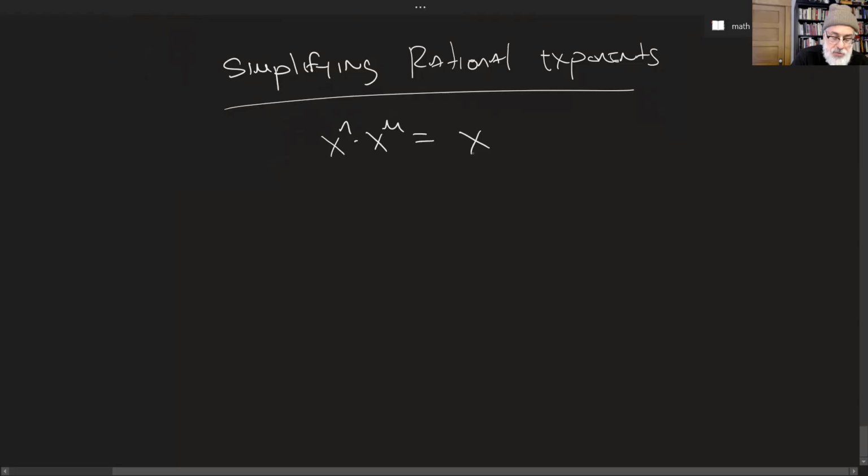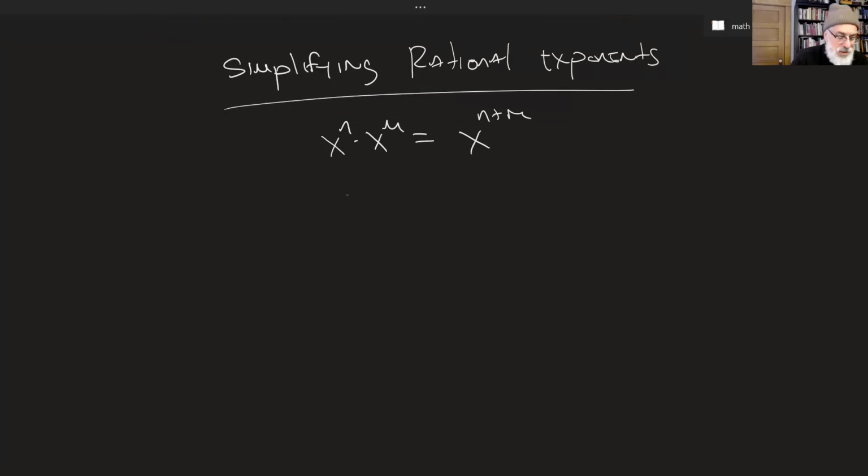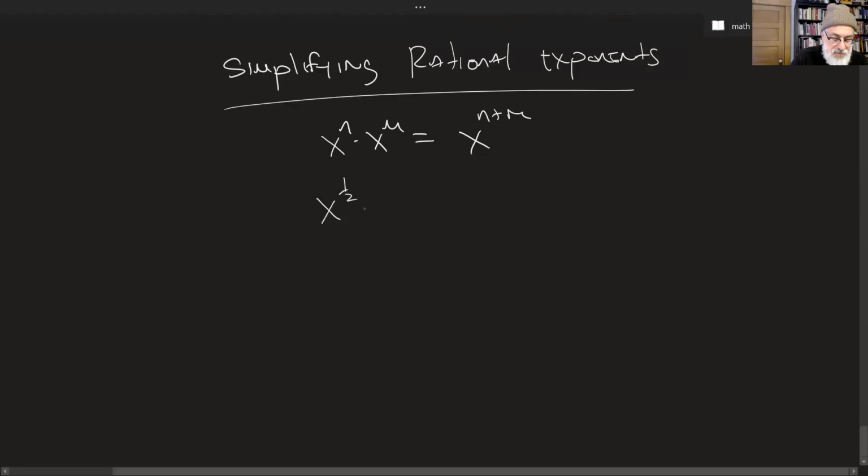If I have two bases that are the same, raised to some power, I can write the power as an addition of powers. The same is true if I have the same base, but with fractional or rational exponents. This is the same as 1/2 plus 3/4. Now I need a common denominator, so I have 2/2 plus 2/4.